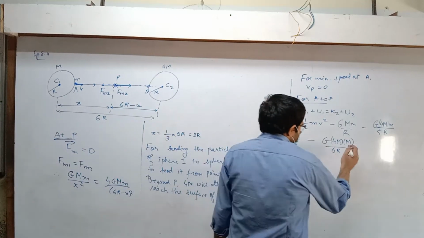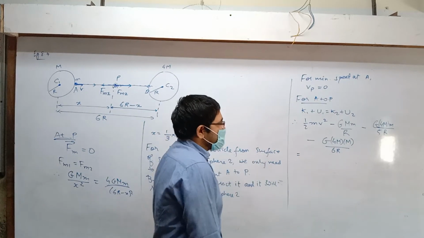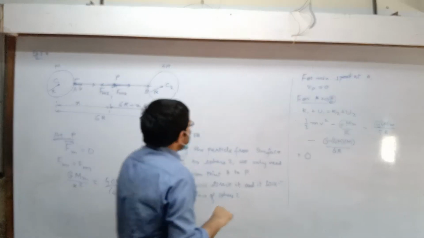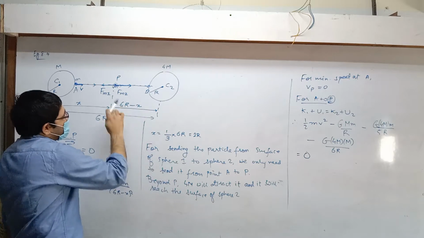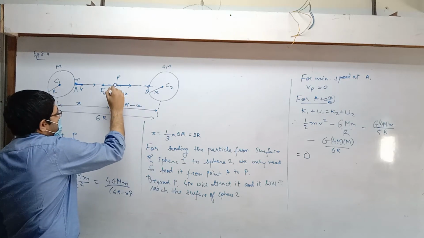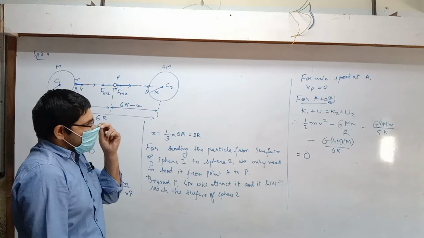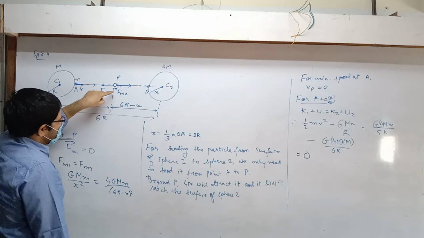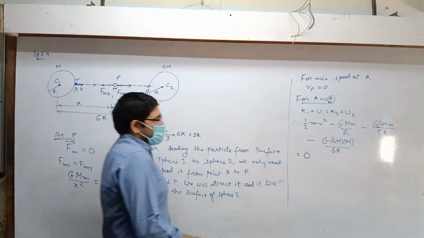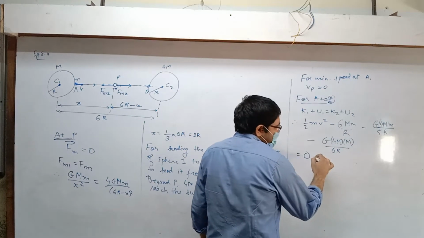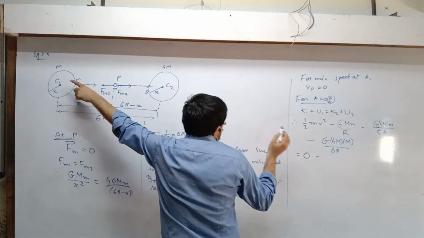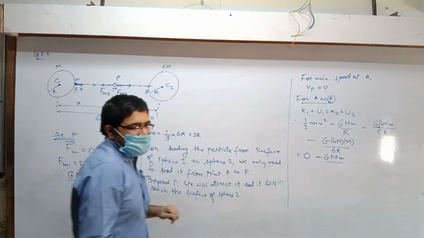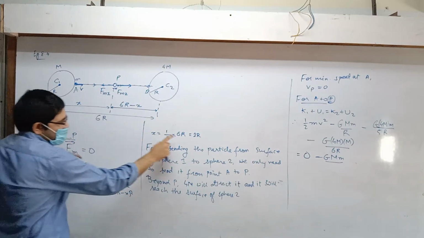Now on the right side you are going to tell me the potential energy. K2 is 0 at the point P. So now this particle has reached P. If you want, I draw a new diagram, otherwise it's okay. We just need to be clear what we are doing. Now we are talking about this mass M over here, not over here. K is 0. Potential energy: first of all, small m with capital M: minus G capital M small m divided by 2R, because now we know that X is 2R.